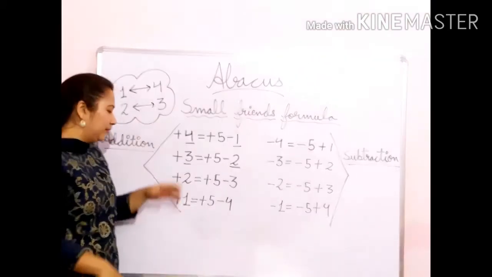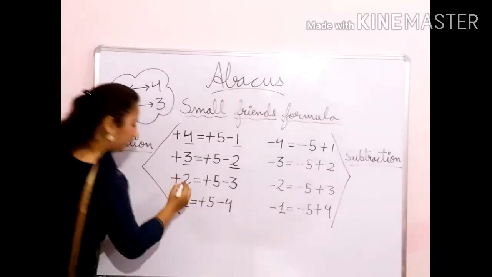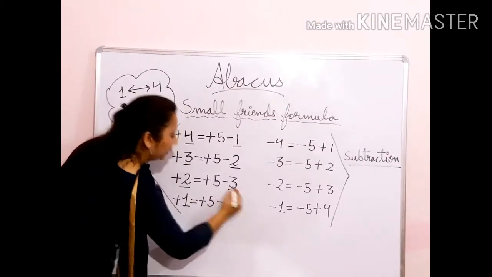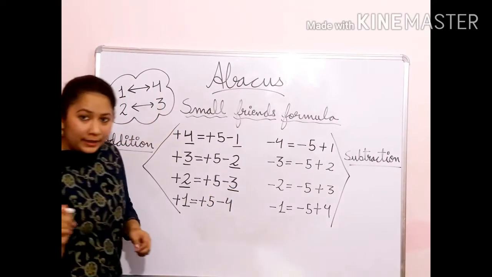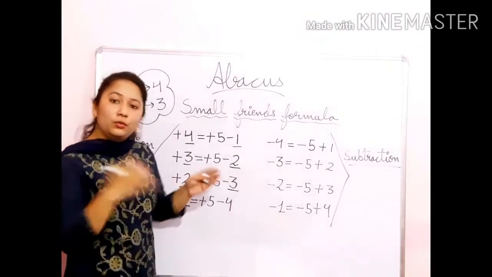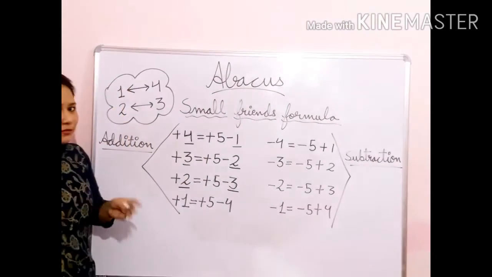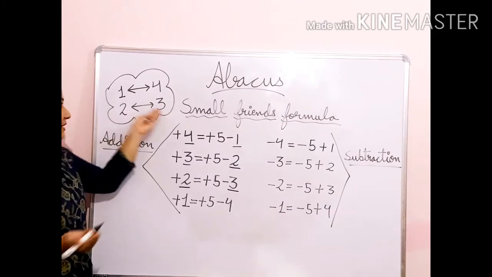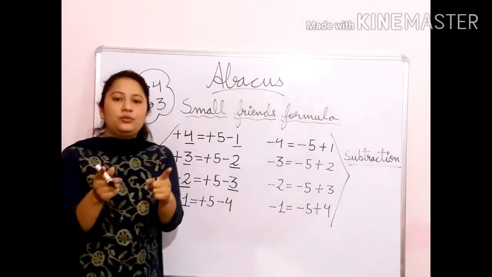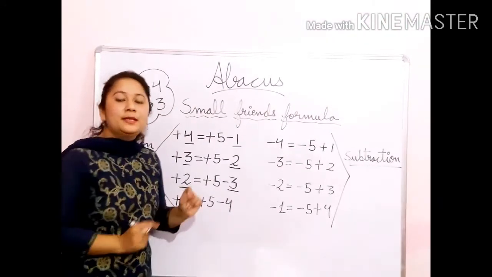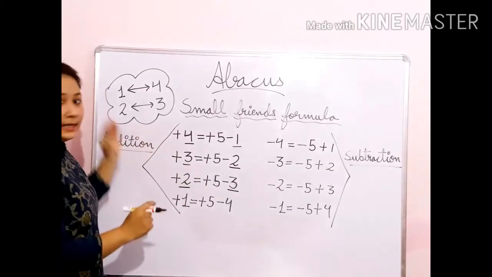Wherever there will be 2, it will have 3 only. You will not find 2 with 4 or 2 with 1 because 2 is not the friend of 1 and 4. 2 is the friend of 3. So 3 and 2 will come together. See, this way you can learn it very easily.